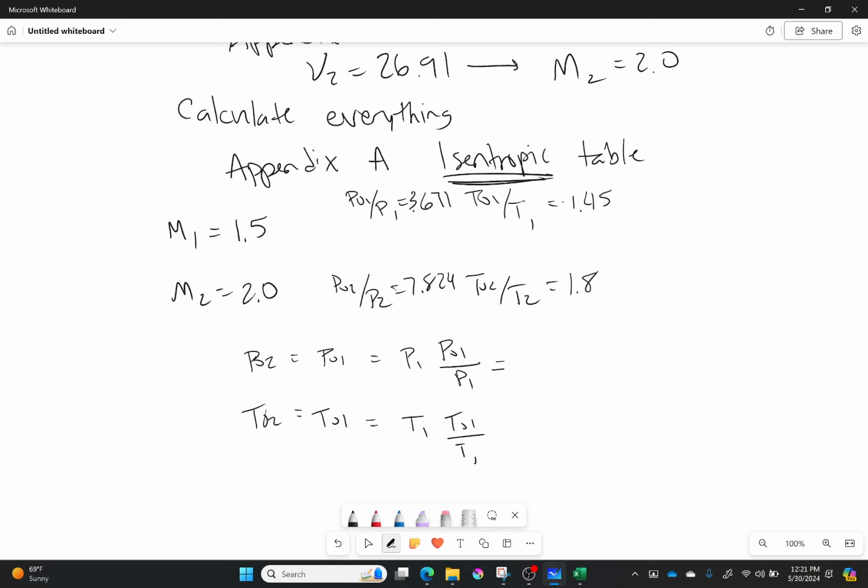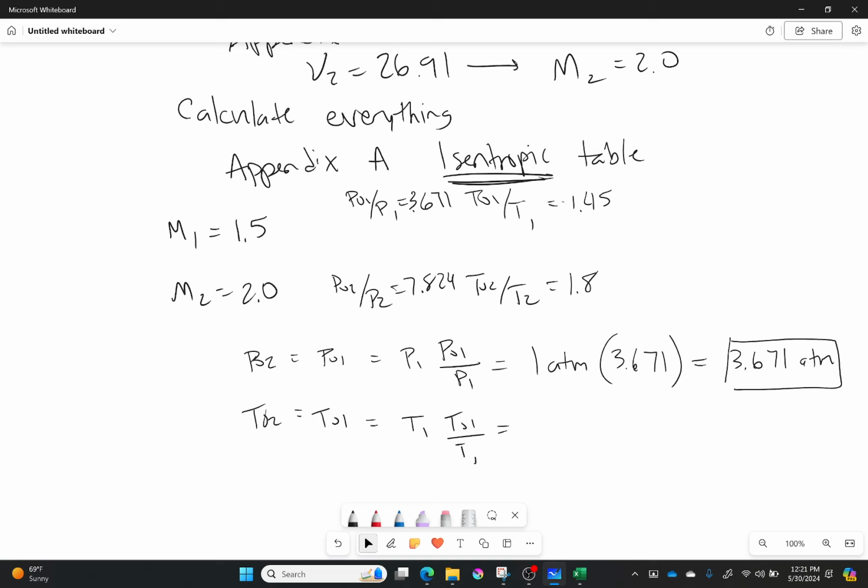So we'll plug all the values in. We had 1 atmosphere. And then I have P01 over P1 of 3.671. So it'll be equal to 3.671 atmospheres. That looks good. I like it. Okay. And T02 is equal to T01. It's equal to T1 times T01 over T1.